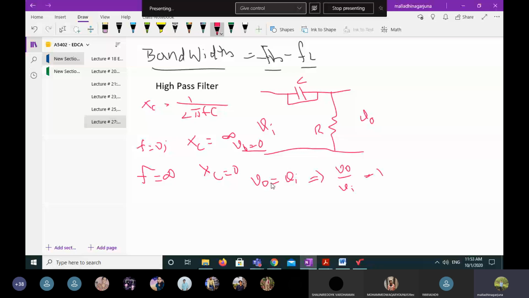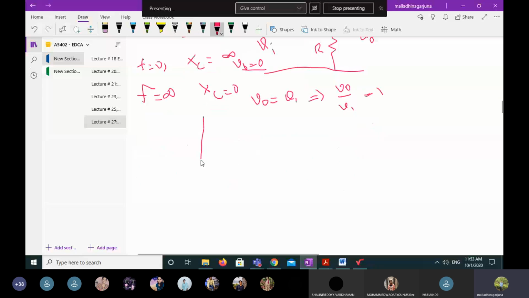For this you can draw the graph like this. This axis is the voltage gain AV, and this is the frequency. At 0 frequency, the gain is 0, so both are 0.